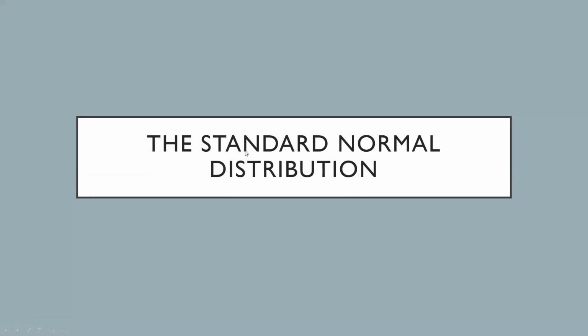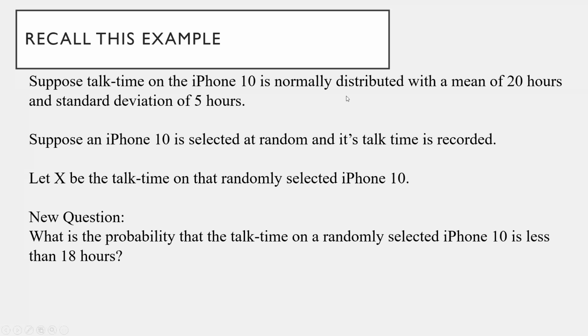All right, what I want to introduce next for about 15 minutes, and then we'll take a break, is what's called the standard normal distribution, okay? So I want to go back and do this example here.